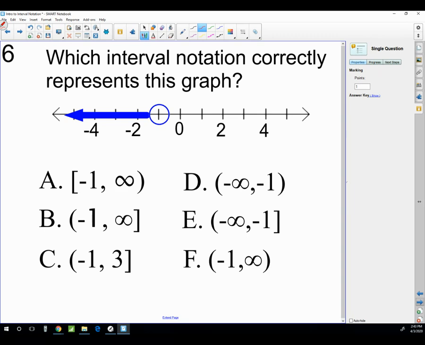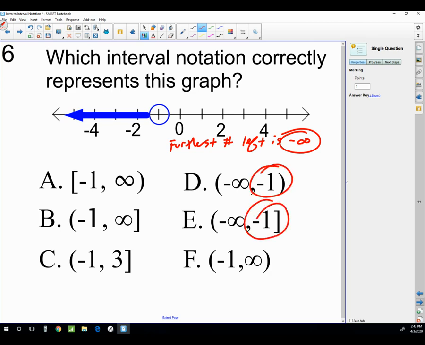So the furthest number left is negative infinity. It goes left forever, but you have to start with that, and you can't start with a bracket. And then you've got to end at -1. There are 2 ways to end at -1. You can end excluding -1 like this one, and you can end including it. And so the answer is D.